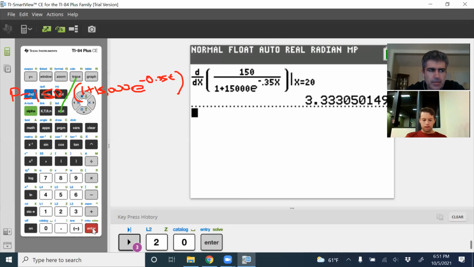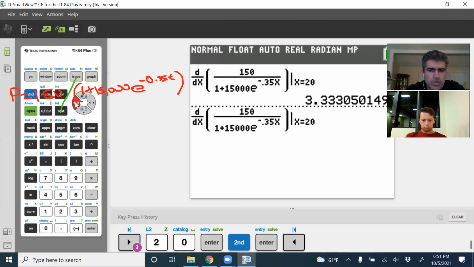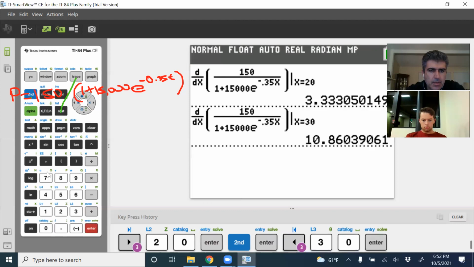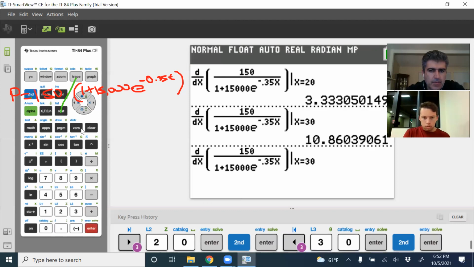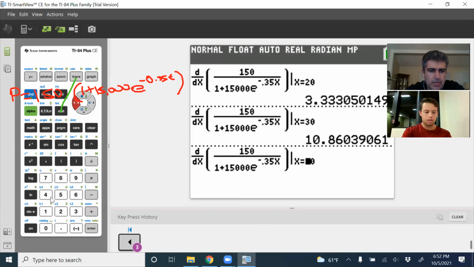Negative 0.35x. If you hit second enter, change it to x equals 30. Then second enter. Wait, how are you doing that? Second what? Enter. Oh, okay.